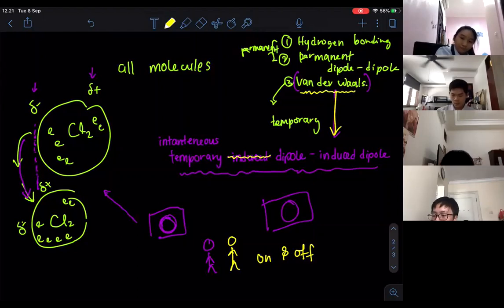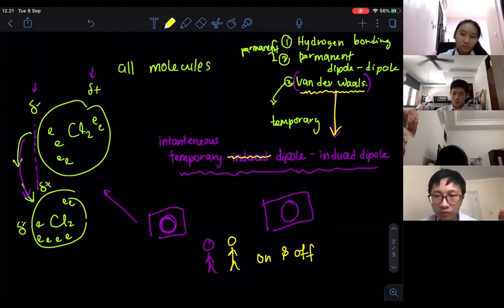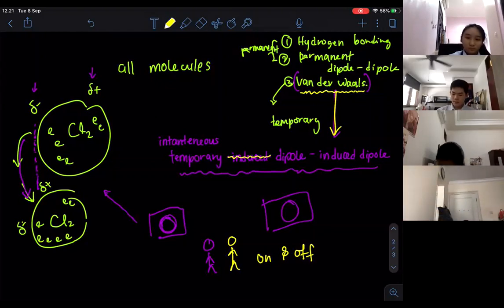Now take note, van der Waals forces has a different meaning in different syllabuses. For our syllabus, we take van der Waals forces to mean instantaneous dipole-induced dipole. This is according to the CIE syllabus. In some other syllabuses, they say van der Waals forces include hydrogen bonding, permanent dipole-dipole, and also instantaneous dipole-induced dipole.